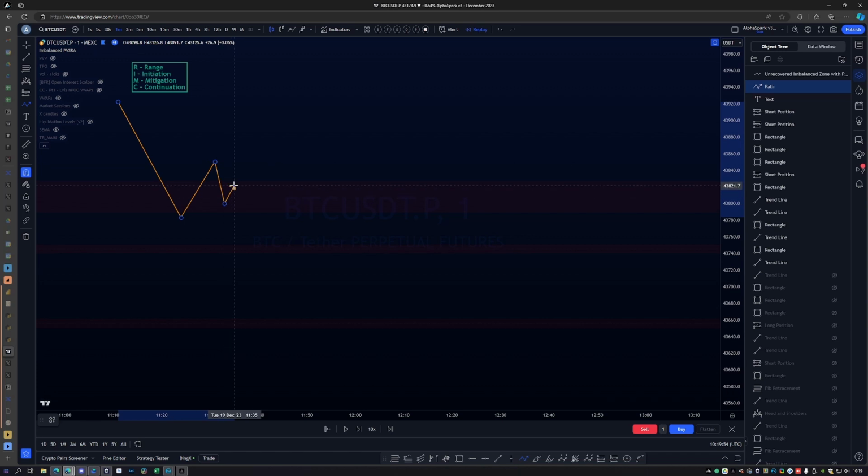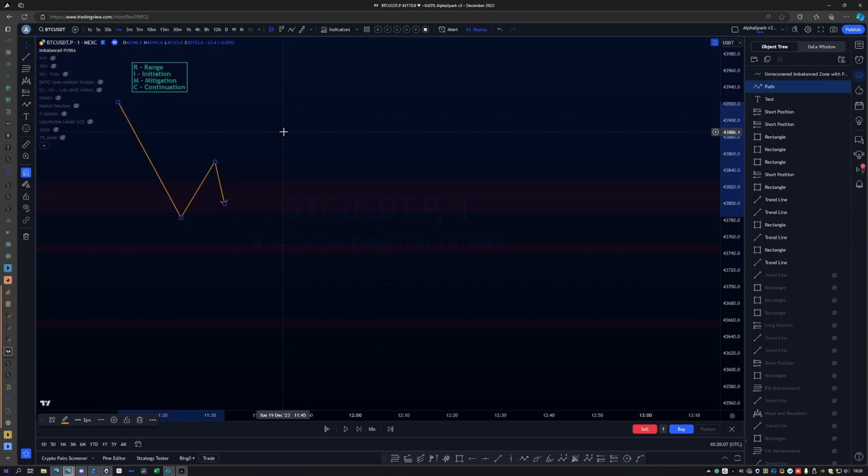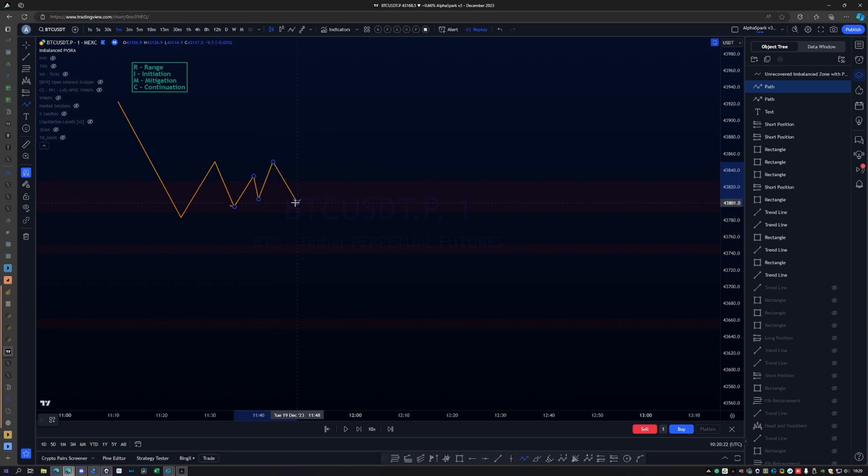Imagine that you get into this situation. You have a downtrend, and all of a sudden you stop making lower lows, and you get into like an internal liquidity slash consolidation range, whatever.